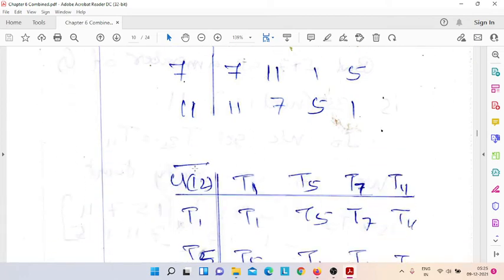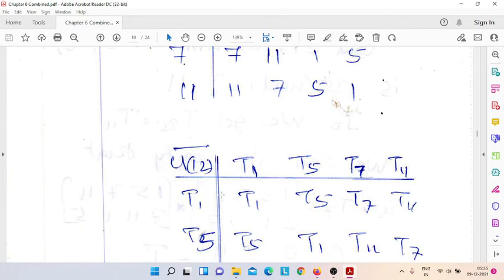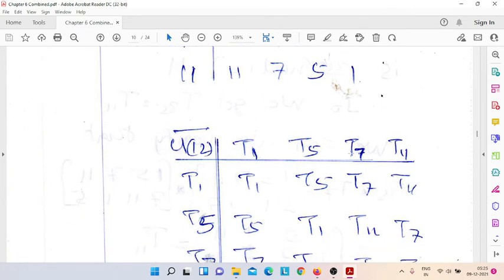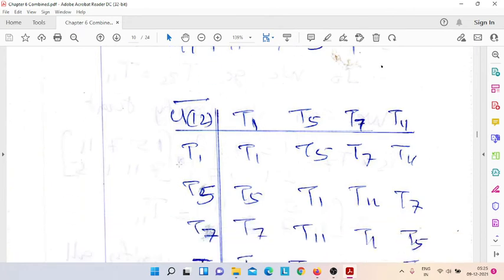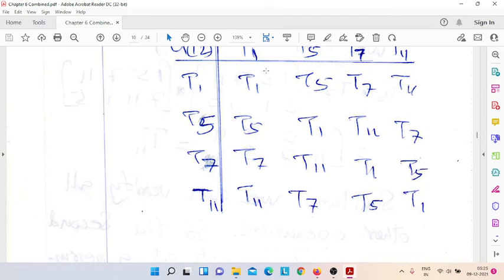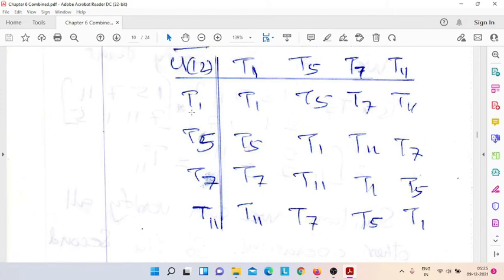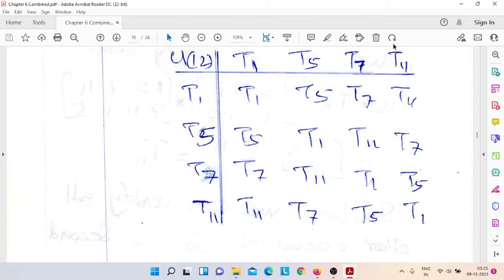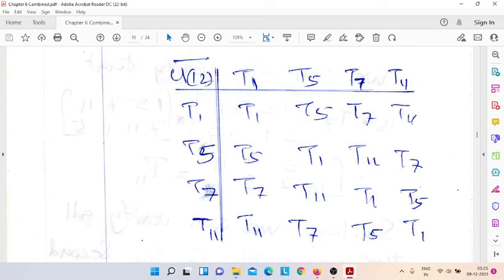And U12 bar is equal to T1, T5, T7, T11, and the table contains the results of the operations. For example, when T5 is operated with T5, we get T1, the identity element of this group.